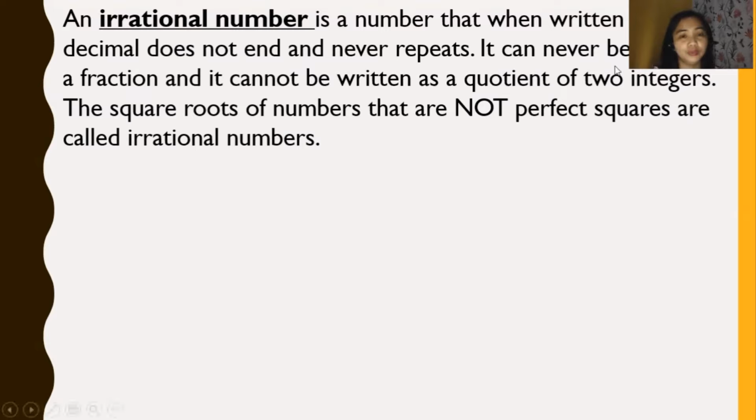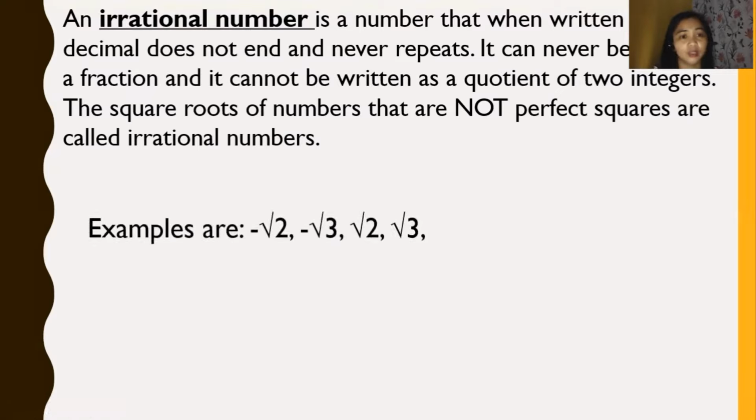The square roots of numbers that are not perfect squares are called irrational numbers. So examples here, we have negative square root of 2, negative square root of 3, square root of 2, square root of 3. They are all irrational numbers.